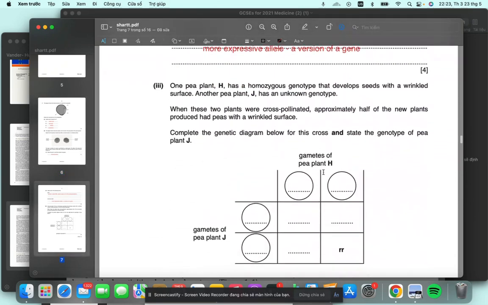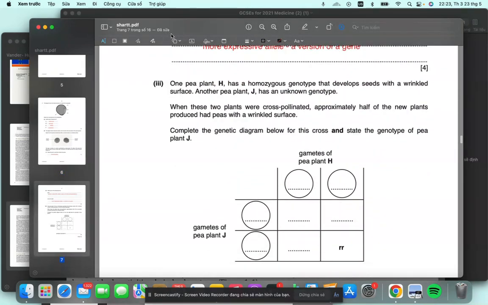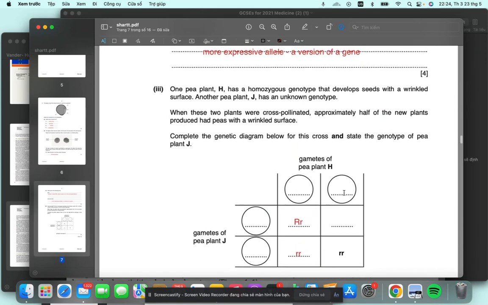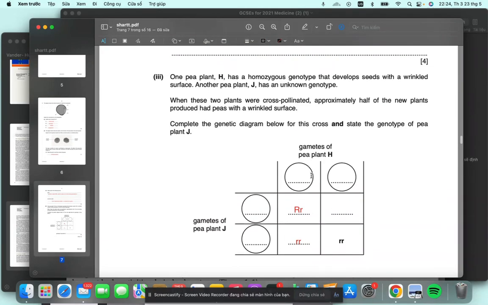So half of it is wrinkled, so the other half must be not wrinkled. It could be the homozygous genotype.